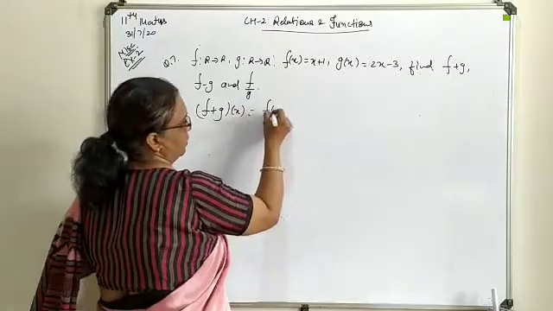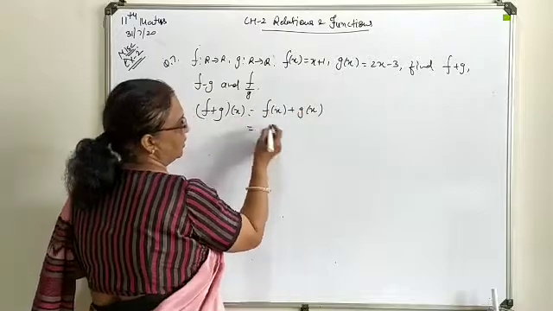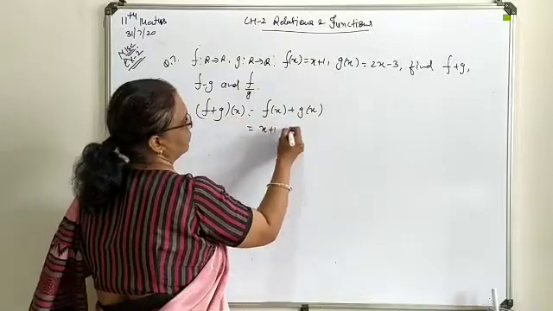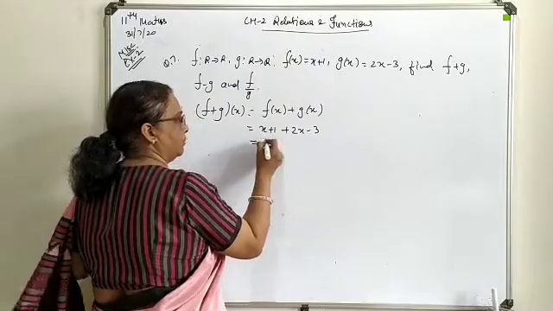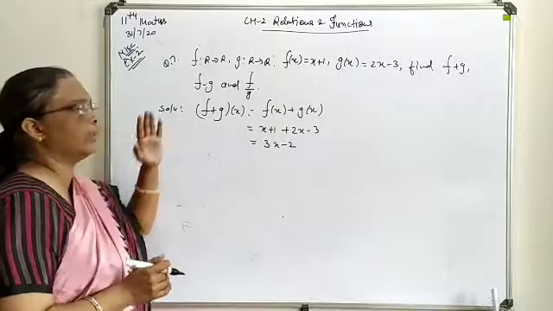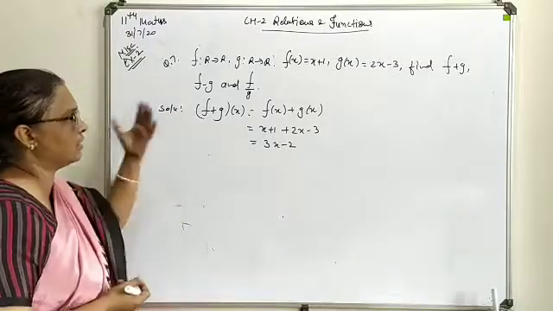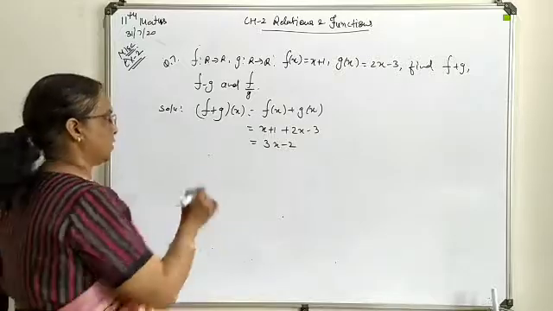Make them separate. Substitute the respective expressions. Add or subtract like terms, that gives 3x minus 2. So this way you can write the addition. In the same manner, subtraction, or even multiplication of two functions, you can express.